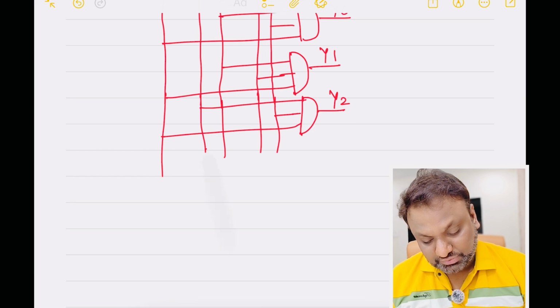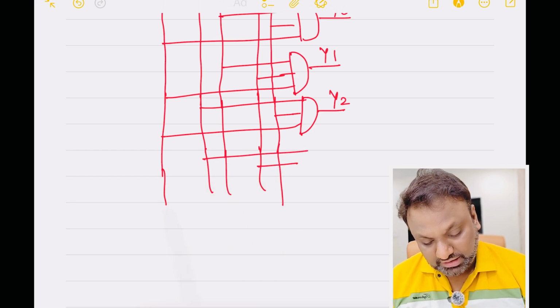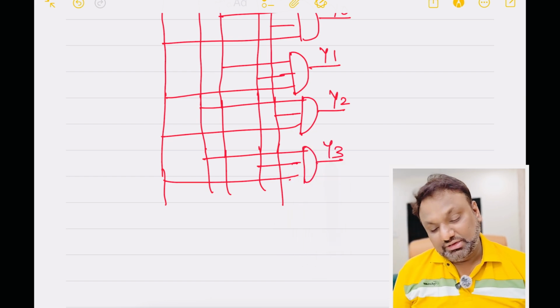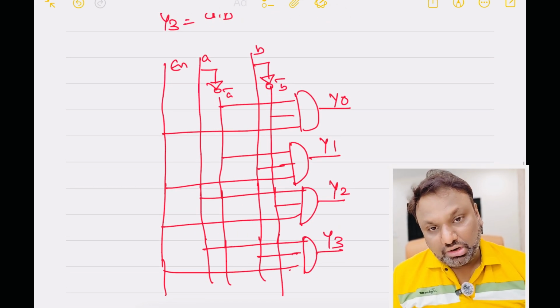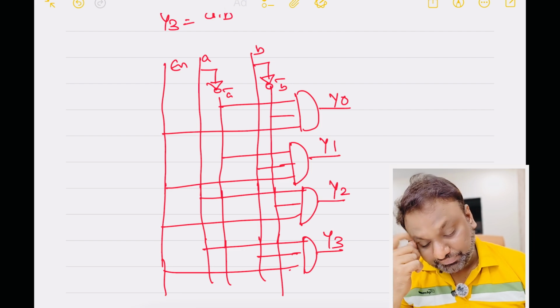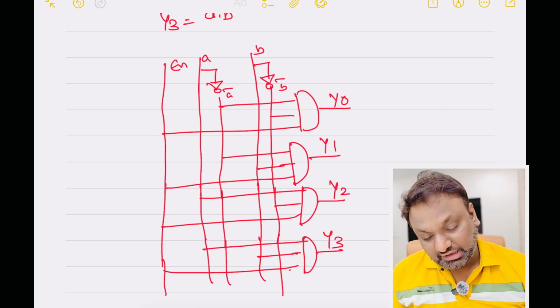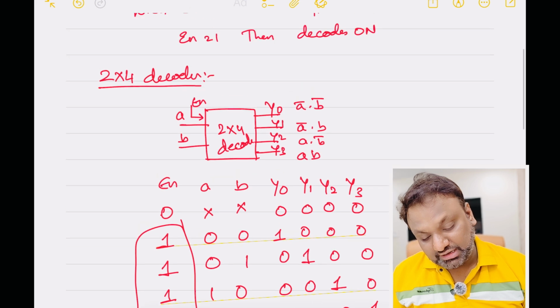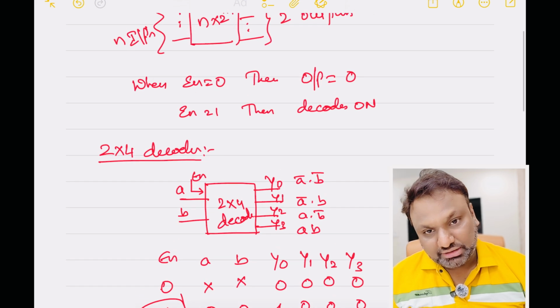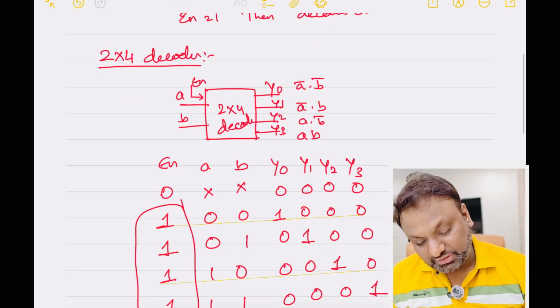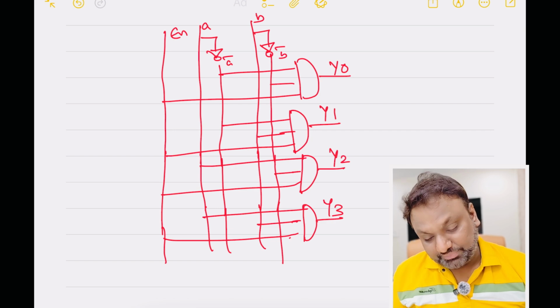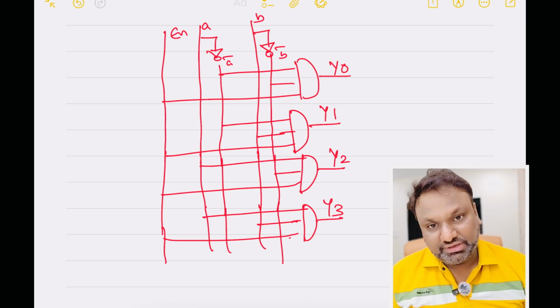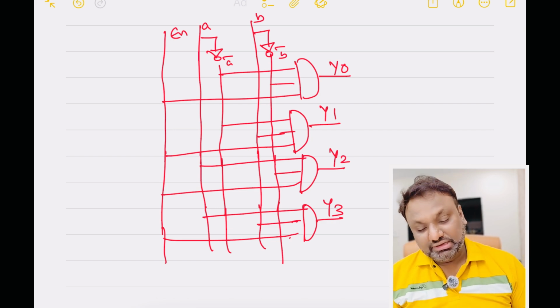The last one is for the 1 1 case, with enable equal to 1. This will be my y3. So this is the circuit diagram of the decoder. Like you have drawn the block diagram, internally this particular circuit will be present in the block. So this is the circuit diagram of the 2 to 4 decoder.